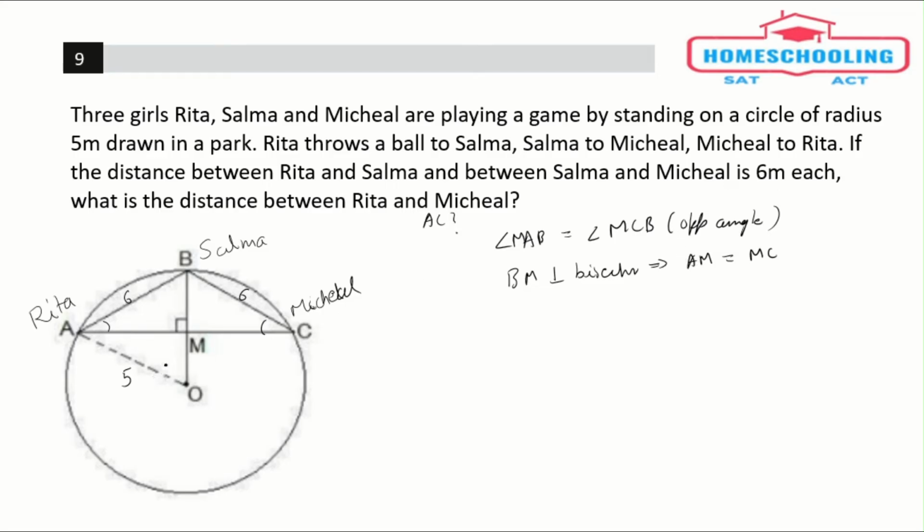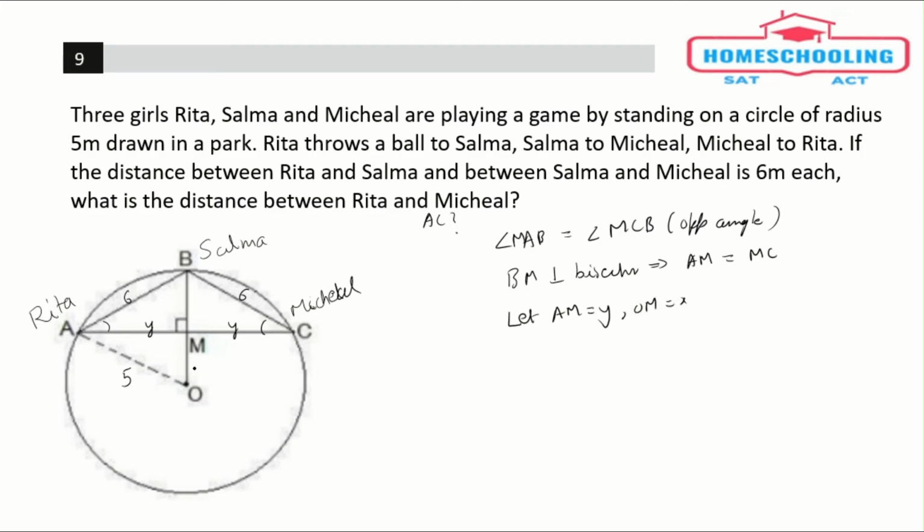Now let's consider a few things here. If we have to find AC, let AM be equal to y. We consider this one as y, and this is a perpendicular bisector, so MC would also be y. And let us consider OM is equal to x.